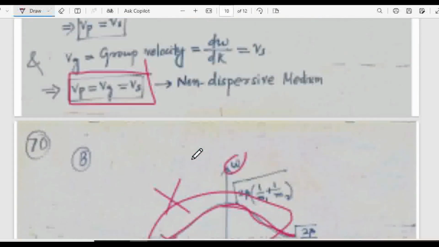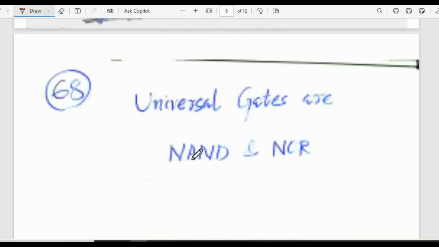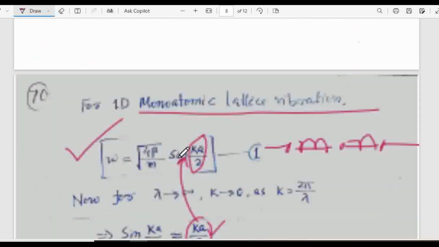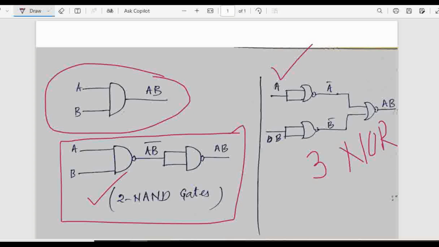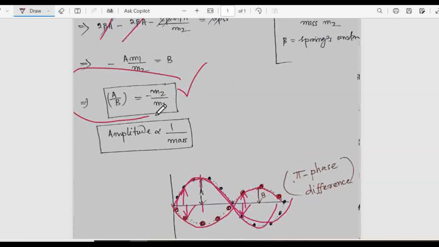But in the condition before, as I calculated, in this case which is for optical, we got a negative sign, negative m2 by m1. That means they are out of phase.